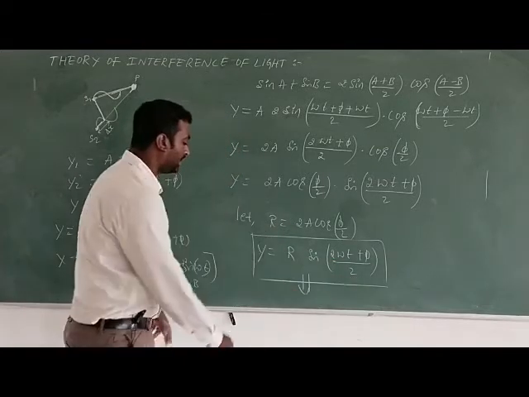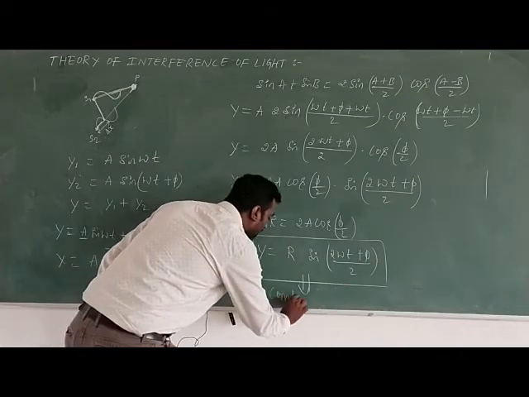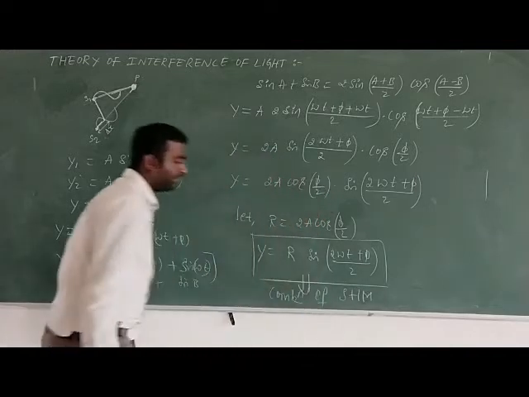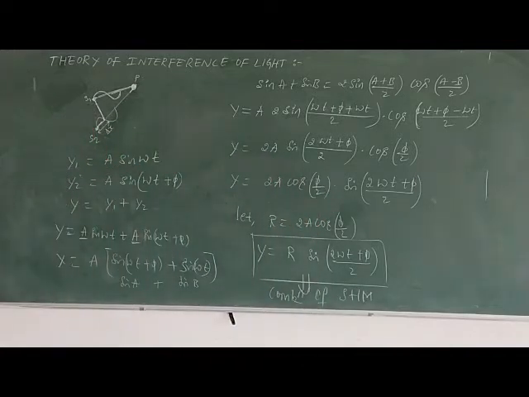This is in the form of a combination of SHM, simple harmonic motion. This is the resultant displacement of that equation. Yes, my dear students, please note this down. Later we will obtain the condition for constructive interference and destructive interference based on this formula.